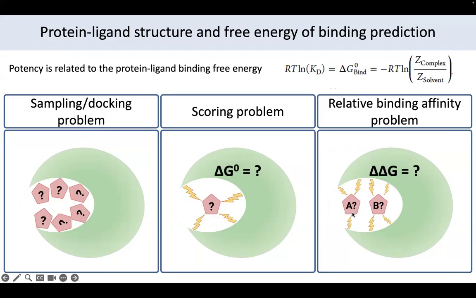In other words, which compound will be preferred for binding on protein A or protein B? Recent advances in free energy calculations, algorithms, and computational power have allowed the rigorous calculation of the differences in free energy of ligands, congeneric series, using alchemical free energy methods, and also ultimately of the absolute free energy of binding.